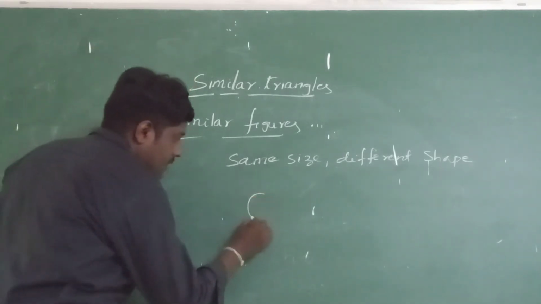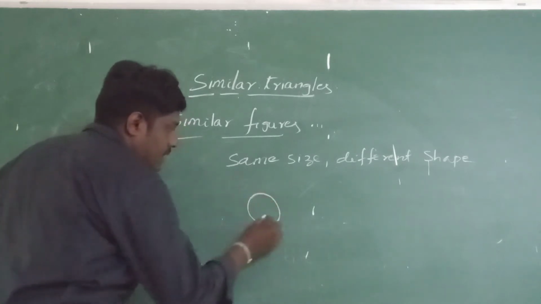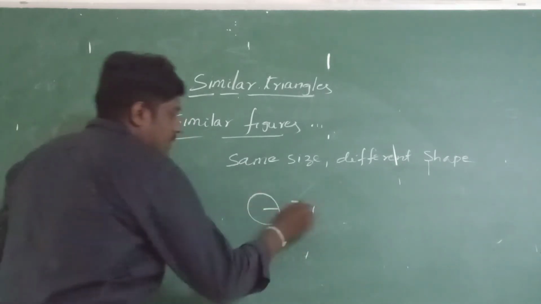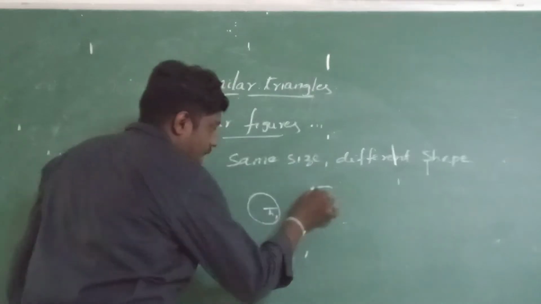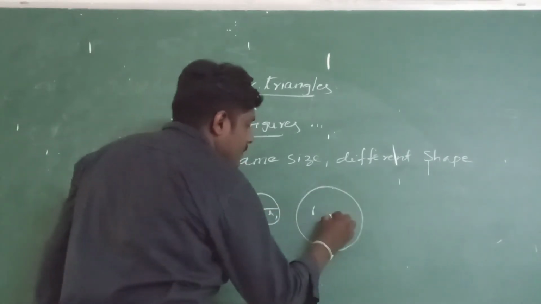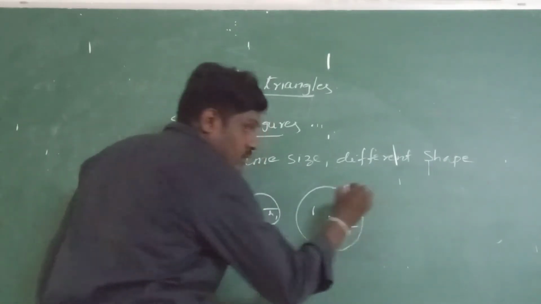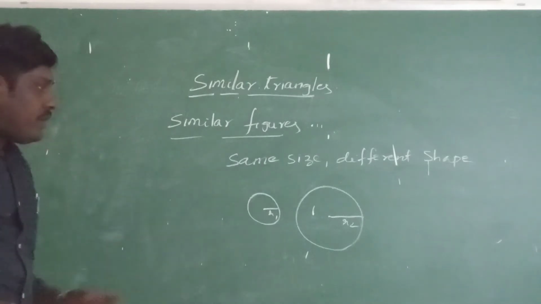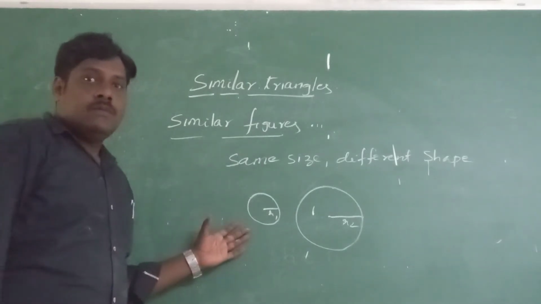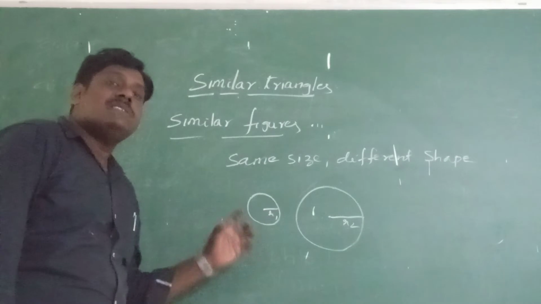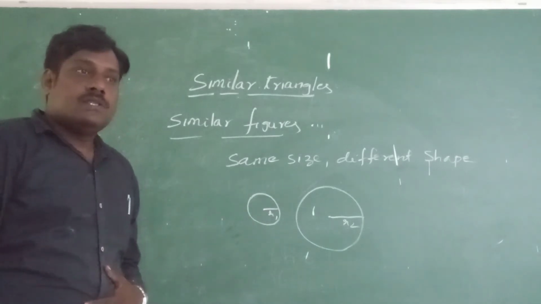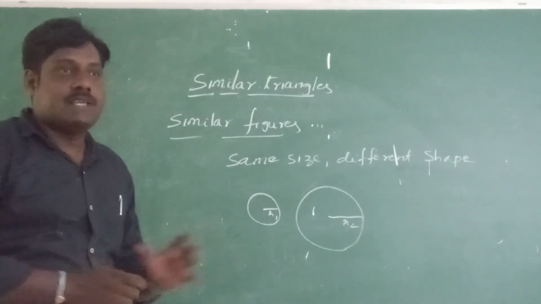See, this is a circle, the radius is R1, and one more circle whose radius is R2. Observe these two figures. These two figures have the same shape but different size.